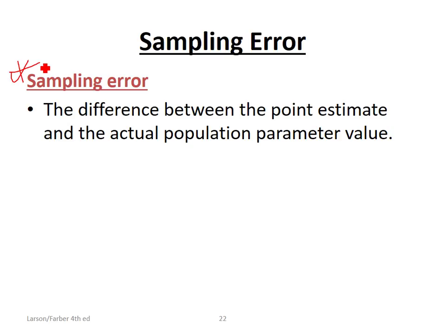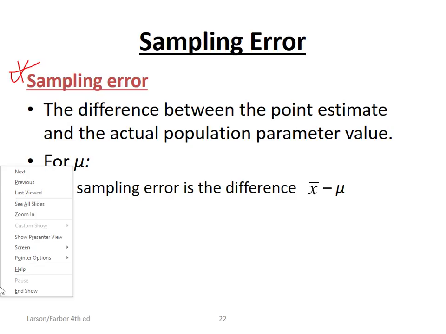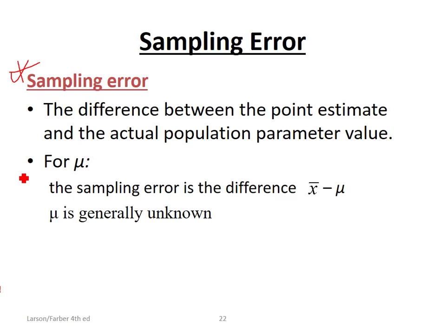In our case, what we're doing today, the point estimate is the X bar, and the population parameter is the actual mean of the entire population. So the sampling error is X bar minus mu. The mean is generally unknown. Most populations we can't actually find the mean. We've talked about that all year long.